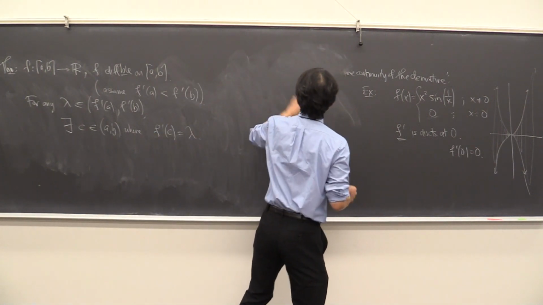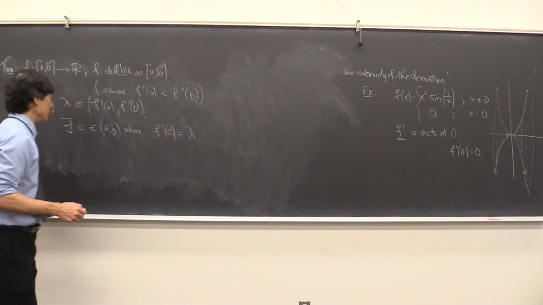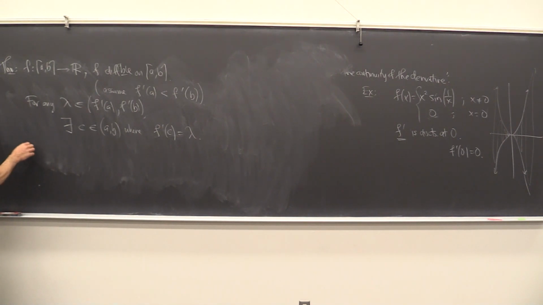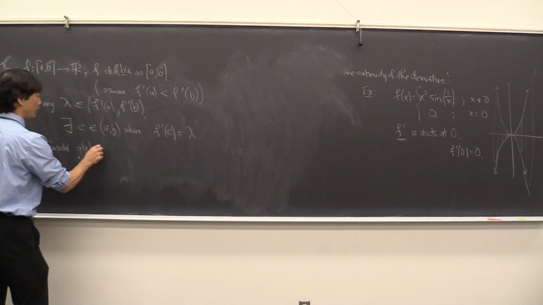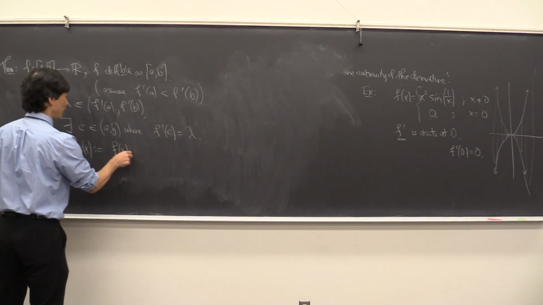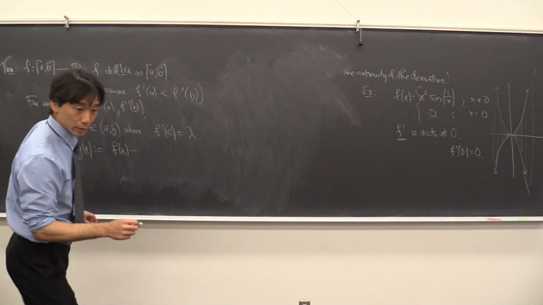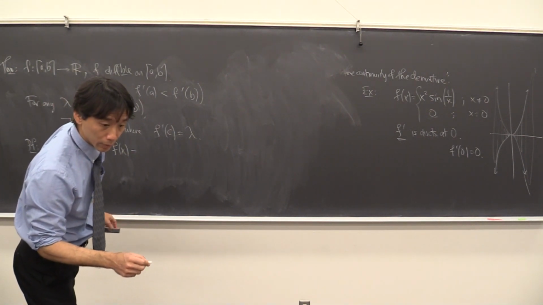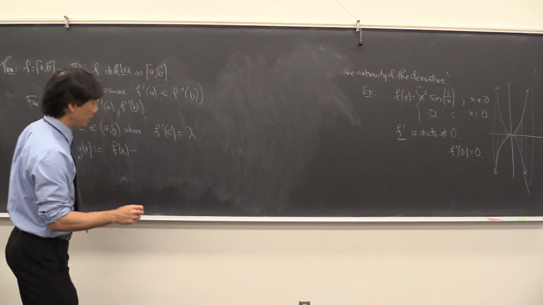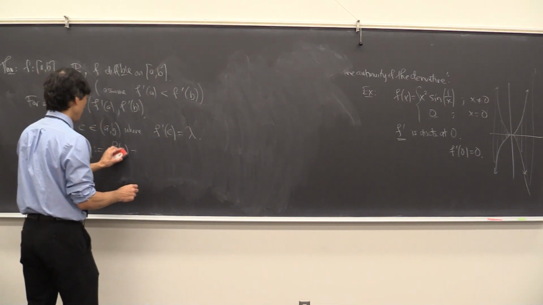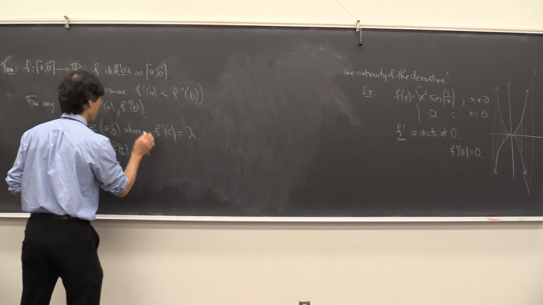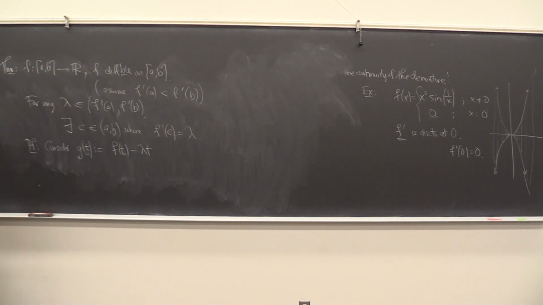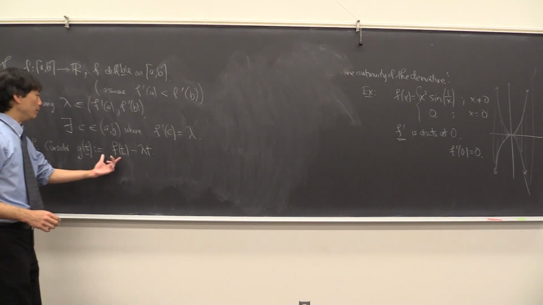Okay, and the way he does this is by saying, well, look, consider the function g, and I'll use t because he uses t. That's what I have in my notes. g of t equals f of t minus lambda t.